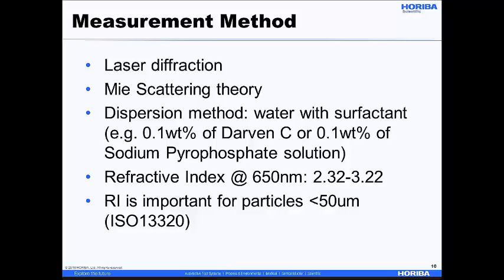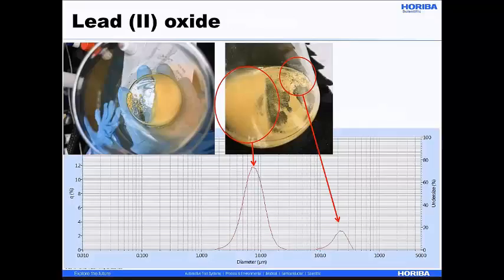The refractive index of this piezoelectric particle generally ranges from 2.32 to 3.22. Refractive index is very important when you measure particle size smaller than 50 micron. It's based on ISO 13320, the guideline for any laser diffraction technology. So we paid very close attention to the refractive index we used throughout this testing.